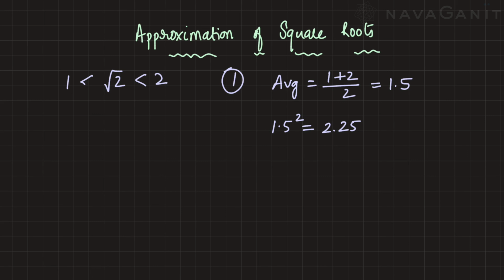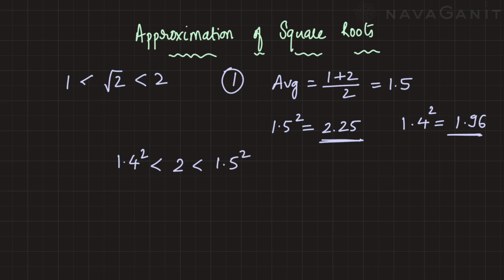Okay, so this is greater than 2. Now what is the square of 1.4? It is 1.96. So now I know that 2 lies between 1.4 squared, that is 1.96, and 1.5 squared. So now I can say that 1.4 less than square root of 2 less than 1.5. So square root of 2 lies between 1.4 and 1.5.